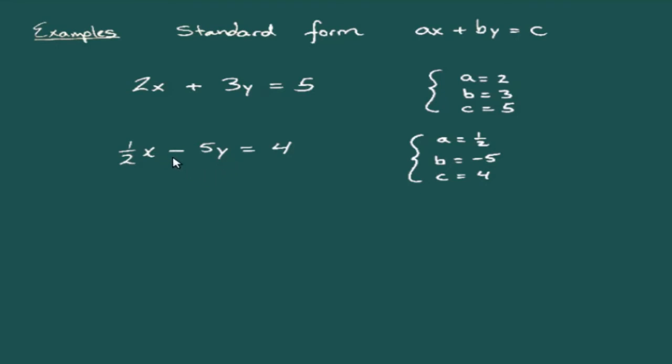And so that subtraction sign is more of an abbreviation than really the operation there. So when we're looking at it, we're really reading that as a -5 that's multiplying the y. So the role of b is being played by -5, and the role of c is being played by 4.